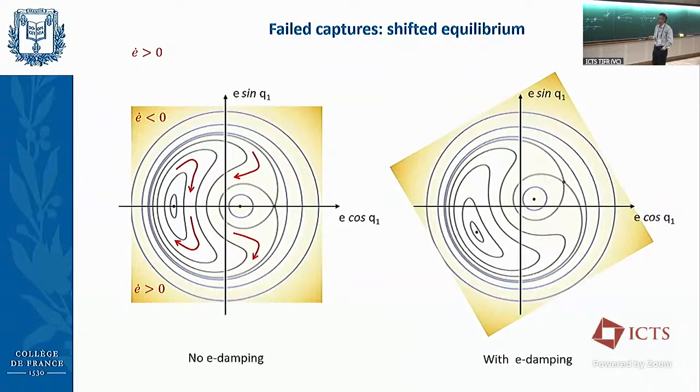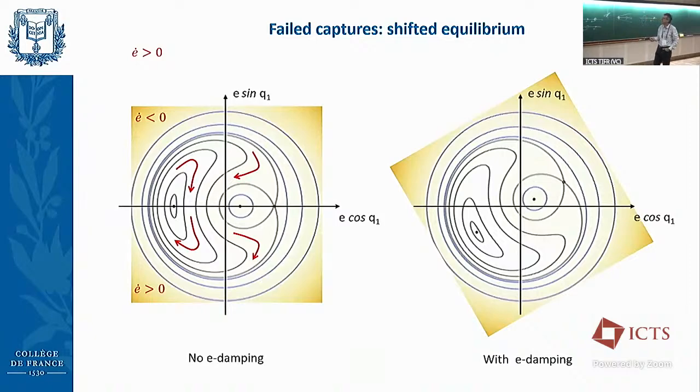Why? Because at the equilibrium point, because we have an eccentricity damping from the disk, the equilibrium point has to shift into a region of the diagram where the resonance would give an eccentricity rise that can counteract the eccentricity damping. That's my only chance to have an equilibrium point. And so the only way to make this is that the resonant diagram rotates, and it rotates more and more the stronger the eccentricity damping is.